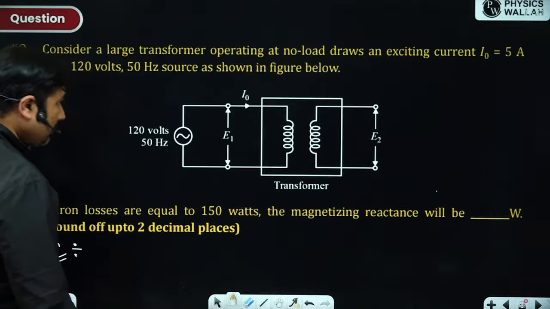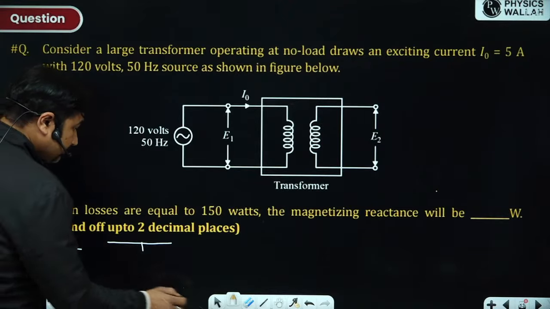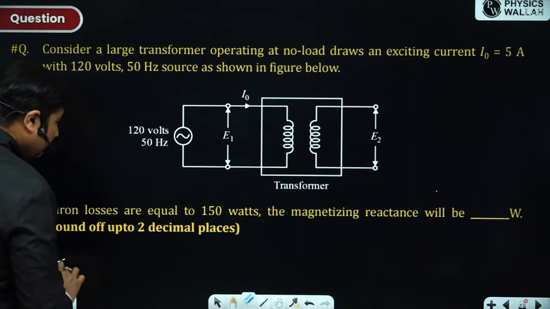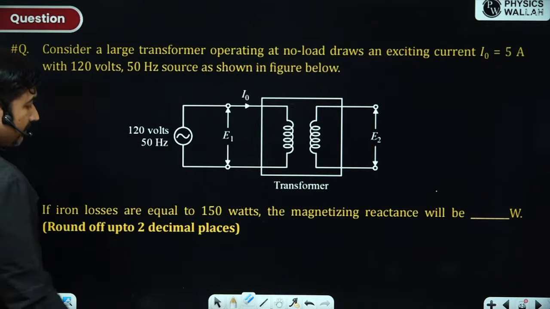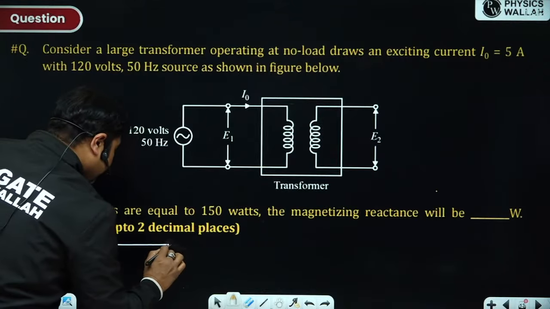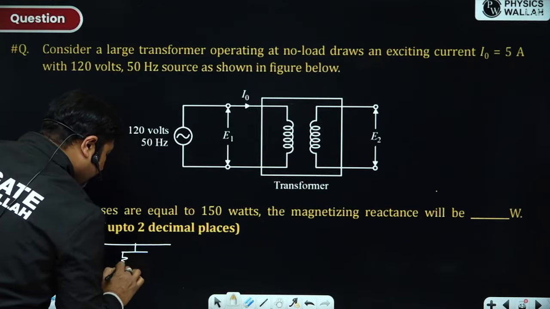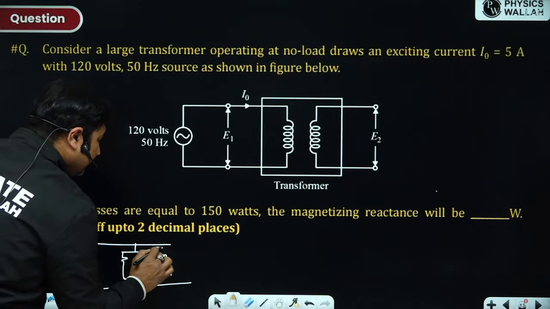Sir, we all know about the electrical equivalent model of a transformer under no load condition. So this will be the electrical model. We have to calculate XM. For that, we need to calculate IM.